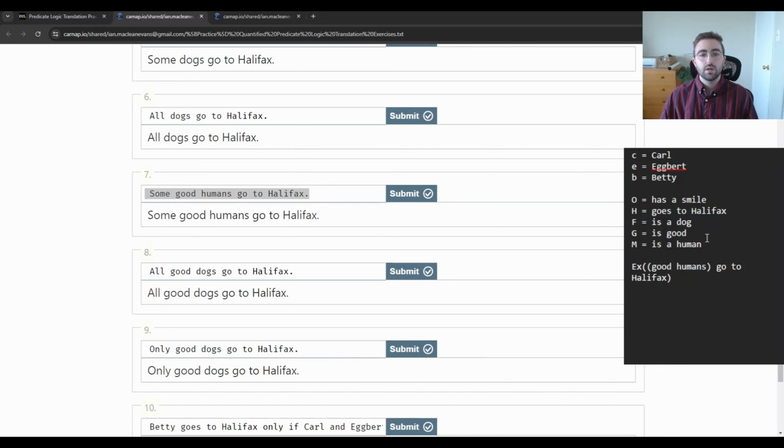Well, what do we have here? Is good is represented by G, and is a human is represented by M. So let's say there is an x which is good, and that x is also human. Oops, this needs to be a little x.